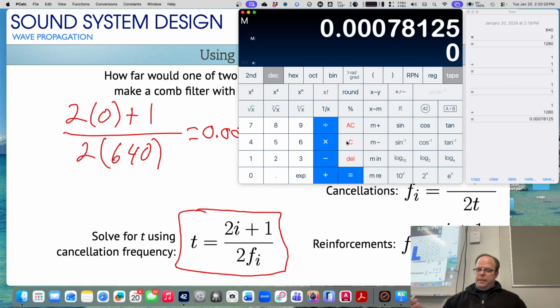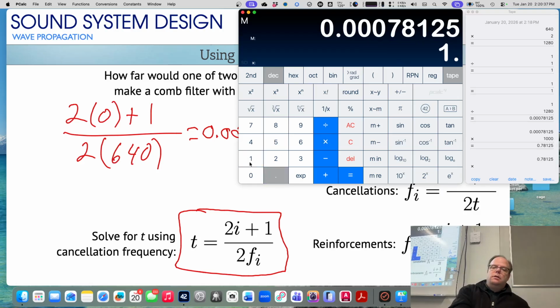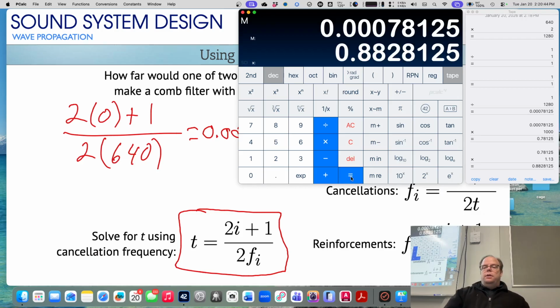We just multiply by 1,000. That's 0.78125 milliseconds. Then we multiply that by 1.13 feet per millisecond, the number I told you to memorize, and you get 0.8828125.